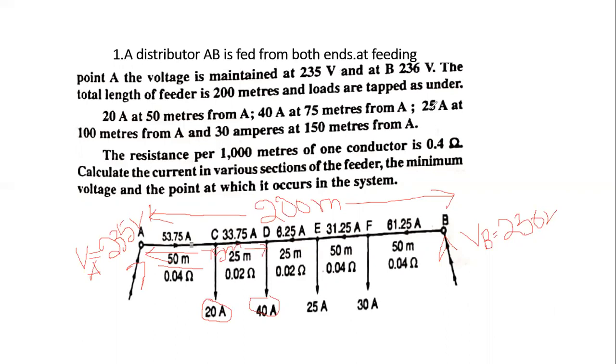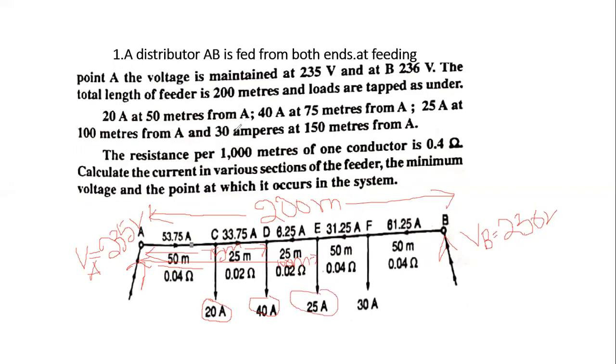Next, 25 amperes at 100 meters from A. The distance from A to E is 100 meters and the loading is 25 amperes.